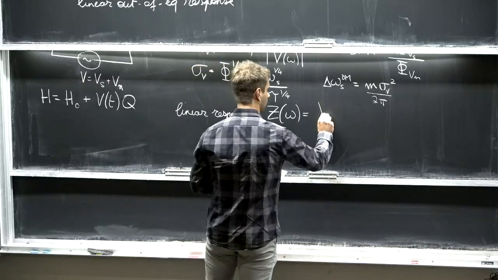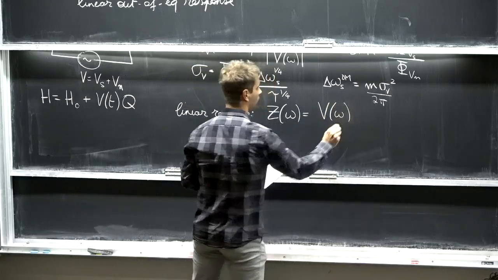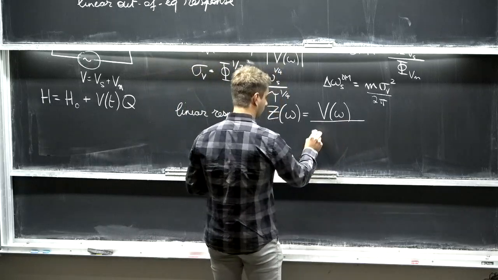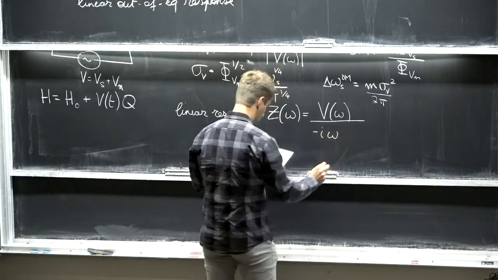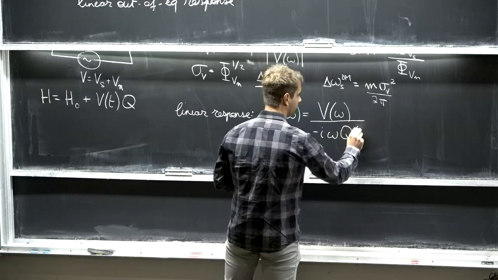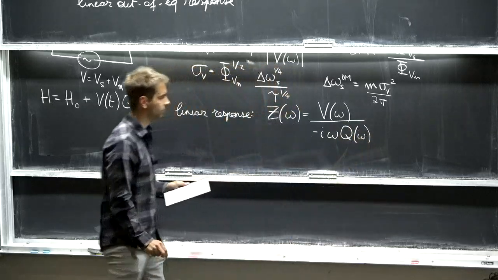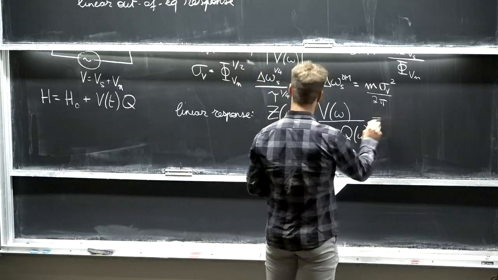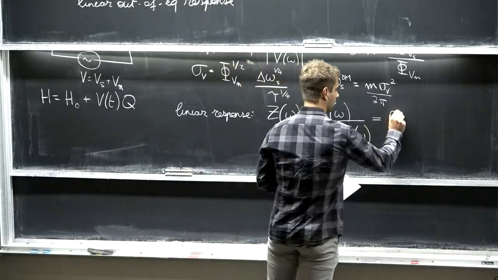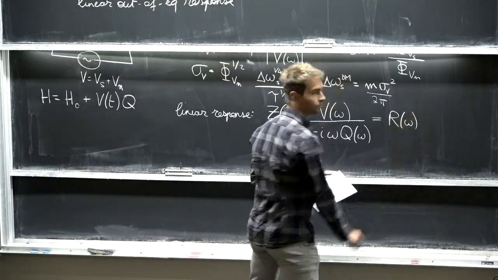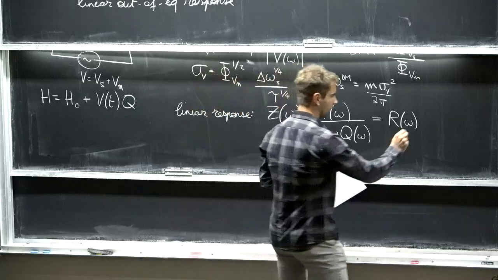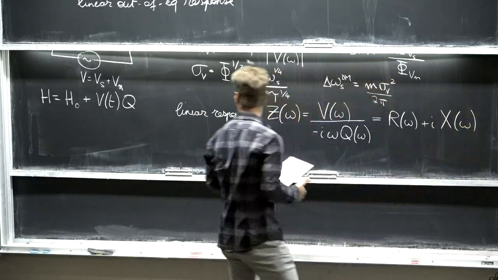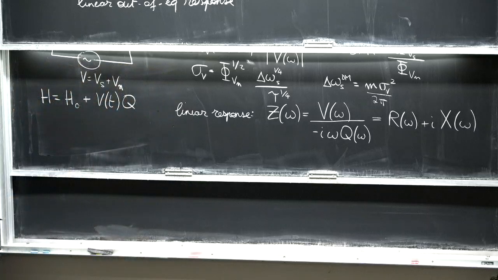So it would be, if you drive the system with a purely harmonic voltage V, you can characterize how much charge is being driven through your system, or how much current is driven through your system. And this in general will be a complex quantity, which you can quantify as a real part, some generalized resistance, and some reactance X, which in the case of this RLC circuit would be the capacitance and the inductance.